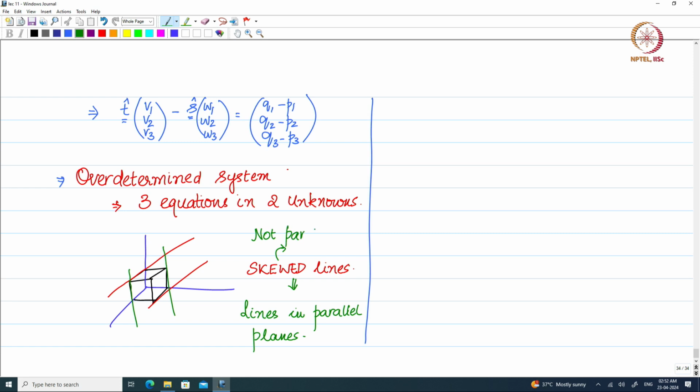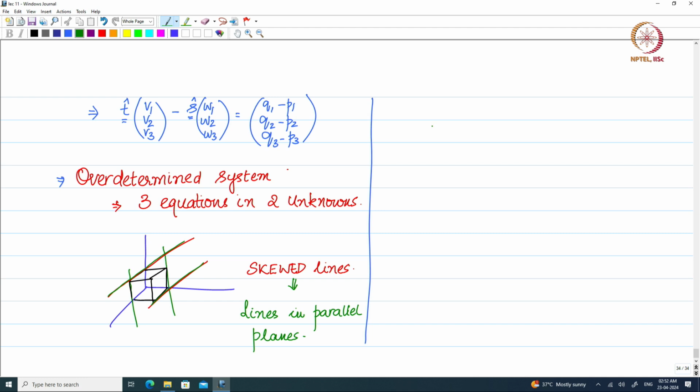You cannot bring in the idea of parallel lines here, for the simple reason that one of them could be, as we see here, along that edge and the other line is basically along this edge. So, there is no question of parallel here. So, we look at skewed lines here, which means you may not have a solution. So, when we solve a system of equations with 2 unknowns, we actually get into the problem of skewed lines, in which case you will have no solution.